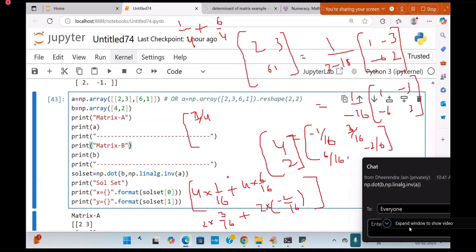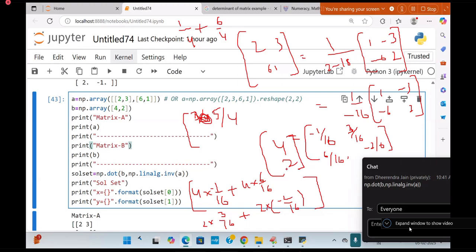4 plus what is this now? So how much is the answer? Minus, minus, 4 into 1 minus 1 by, that's correct. So the answer is going to come 5 by 4. Right, 5 by 4. Next, this answer also, 2 into 6 by 16, 8.